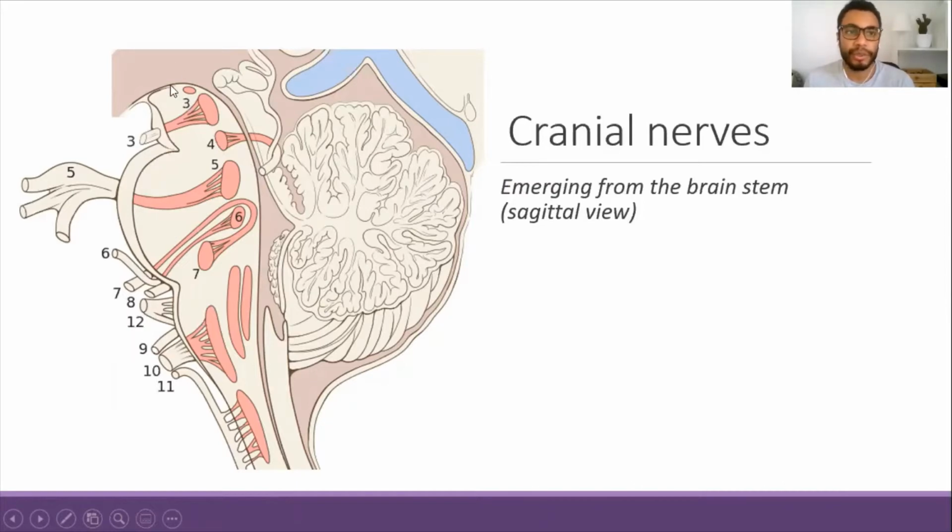As I mentioned, their numbering is according to their location from the top to the bottom. The 12 is an exception, but it's quite intuitive to remember this location according to their numbers.